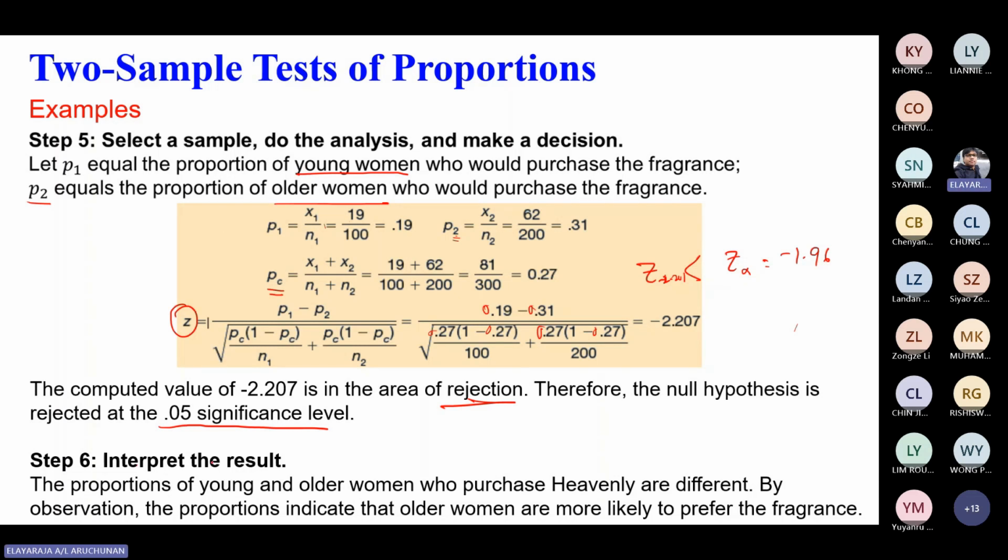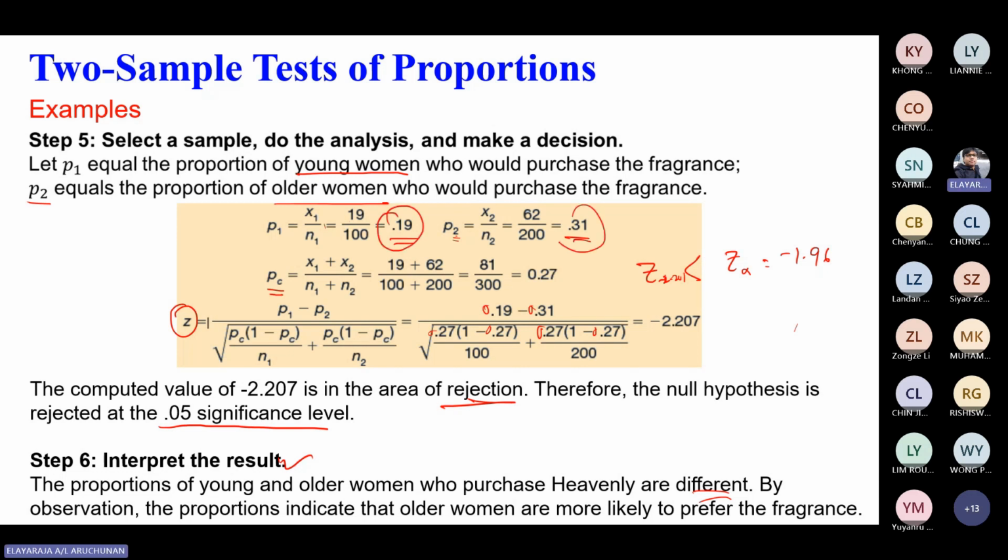So for the interpretation, you can say that the proportions of young and older women who would purchase Heavenly are different. And you can add by observation that the proportions indicate the older women are more likely to prefer the fragrance compared to the young women.